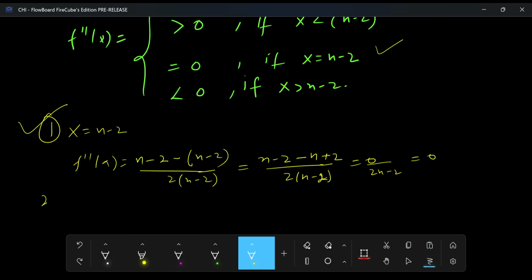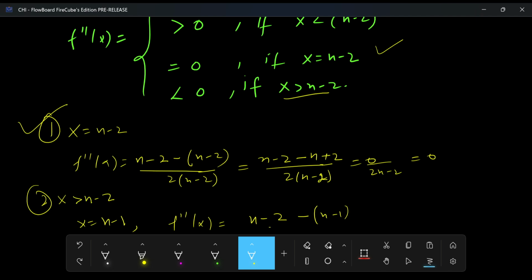And when x is greater than n minus 2, let's suppose x is equal to n minus 1, f double dash x will be equal to n minus 2 minus n minus 1 upon 2 n minus 1, which is equal to n minus 2 minus n plus 1 divided by 2 n minus 2.